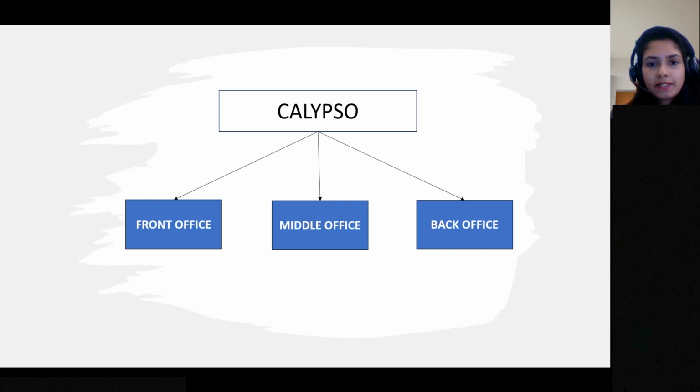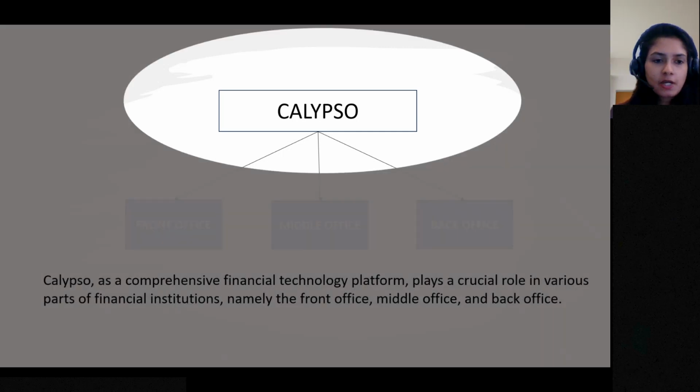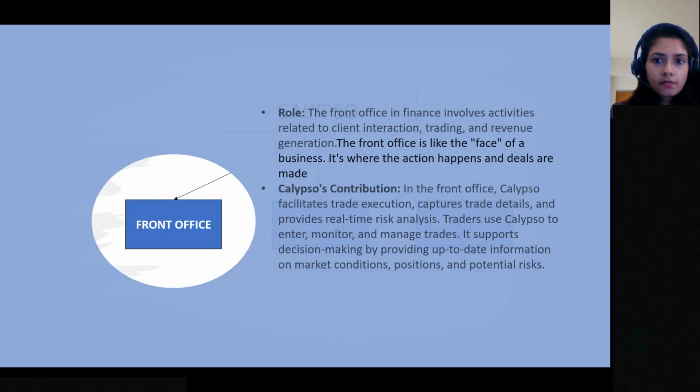We might all have heard about these terms, but it's very difficult to remember them or explain them to someone who doesn't know what they are. So I have tried to divide it into very simple terms. As I mentioned, Calypso is a financial platform and plays an important role for financial institutions and investment banks. Now, what is a front office?